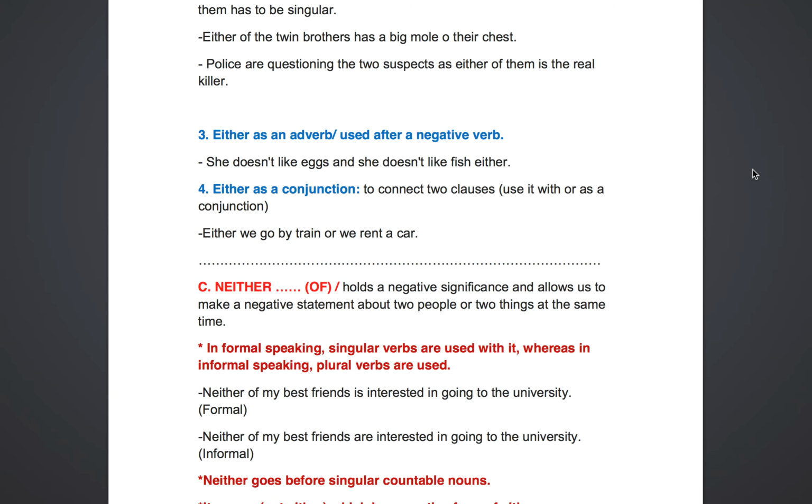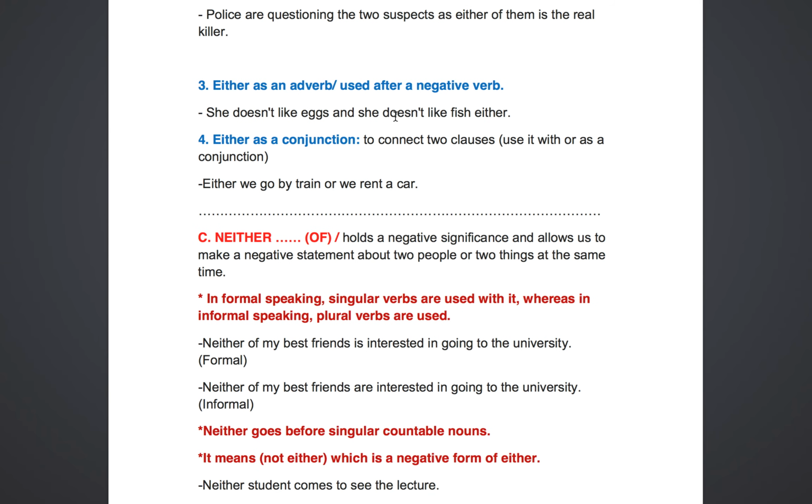We have "them" here as plural, but the verb we have here is singular, as you see, because either refers to one of them. Either of them is the real killer, not both of them.